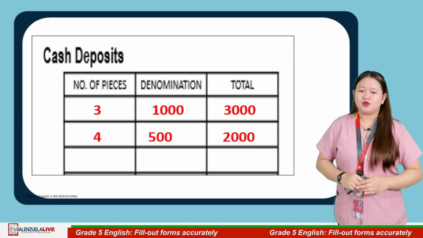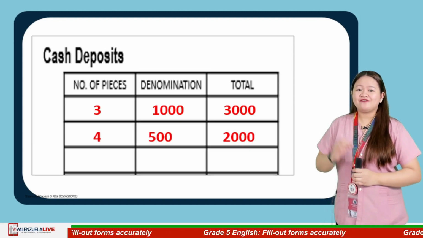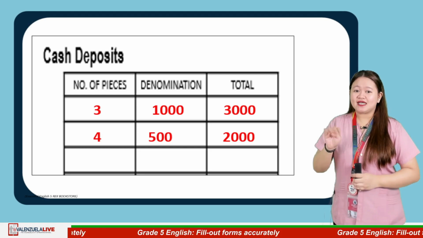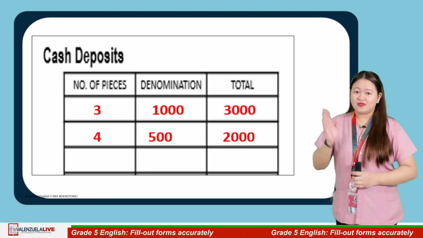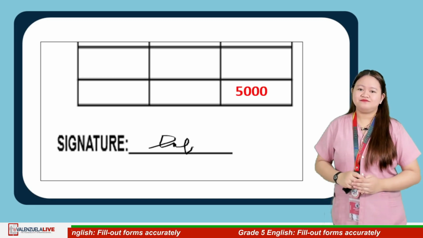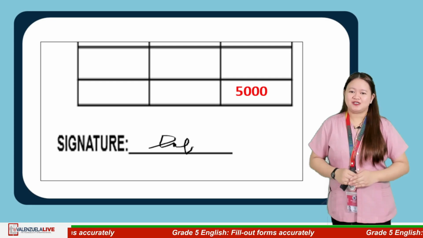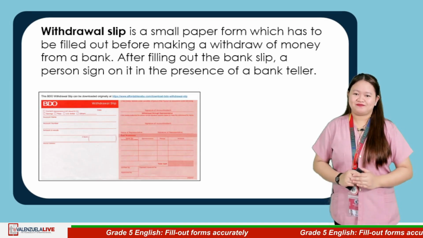For example, you will deposit 5,000 pesos. So you have 3 pieces of 1,000 peso bill and 4 pieces of 5,000 peso bill. You need to write it on the form like this. The total of 5,000 pesos, and don't forget to affix your signature.